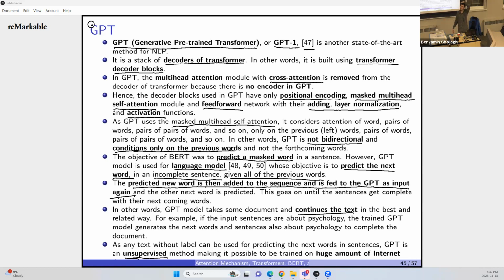Because you can always take some paragraphs from Wikipedia or anywhere on the internet and say, these are the previous sentences, and this is the next word. So you can generate training data easily. Given 3 sentences, this is the next one, right? So you can use a huge amount of internet data, such as Wikipedia, Twitter, etc.